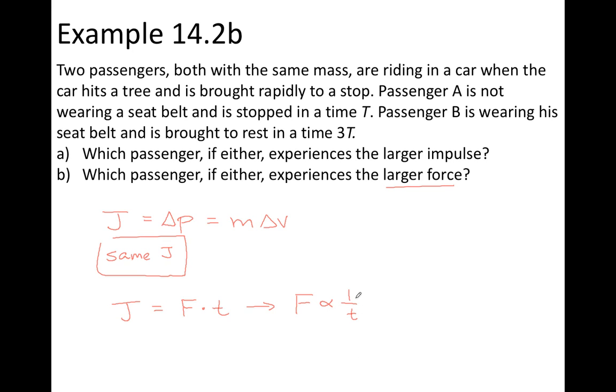The faster this deceleration occurs, that will require a larger force. So, passenger B gets brought to rest over 3 times as much time. Therefore, passenger B will experience 1/3 the force that passenger A does.